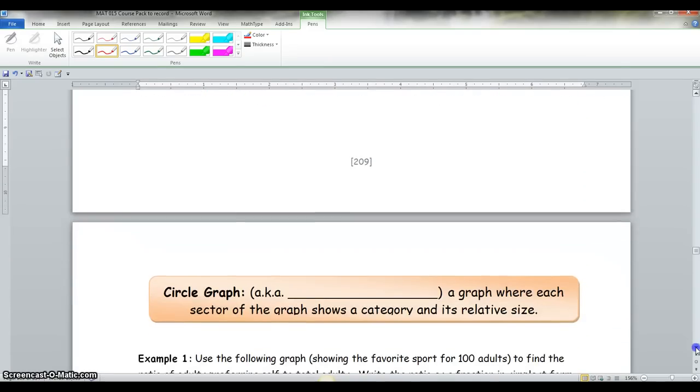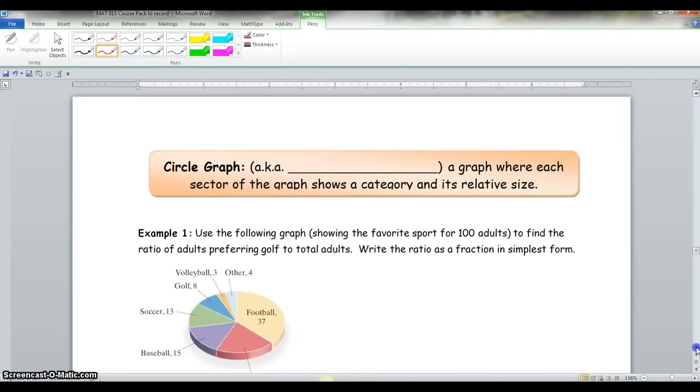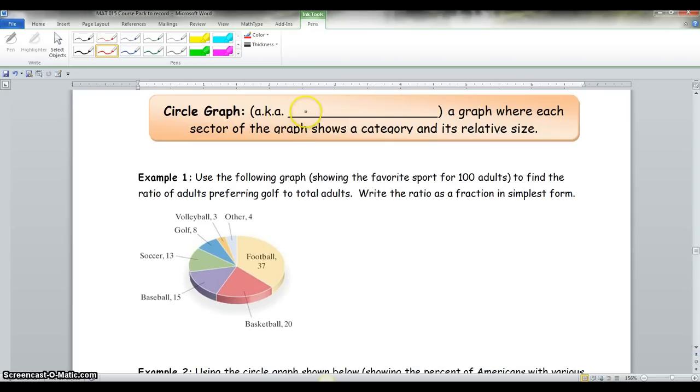Okay, now the circle graphs. And they're actually known as pie charts. A graph where each sector of the graph shows a category and its relative size. It says use the following graph showing the favorite sport for 100 adults to find the ratio of adults preferring golf to total adults. Write the ratio as a fraction in simplest form.